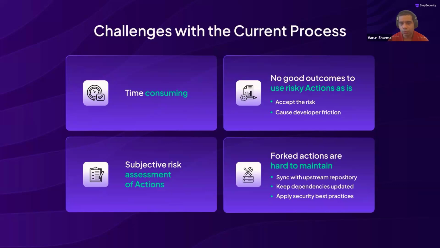So it may be that two different security engineers do the review and come up with a different assessment about the risk of that action. Then, as I shared earlier, there isn't really a good outcome for the security team because they have to either accept the risk of a risky action or they have to reject it, which will then cause developer friction. And if they do decide to fork it, then it becomes hard to maintain that action going forward.